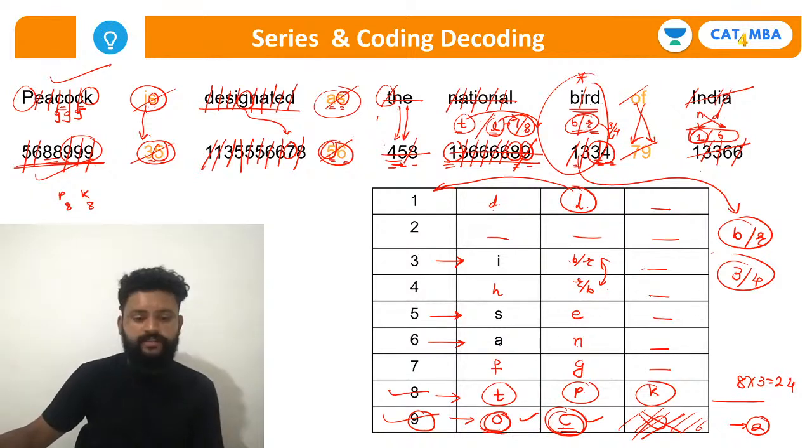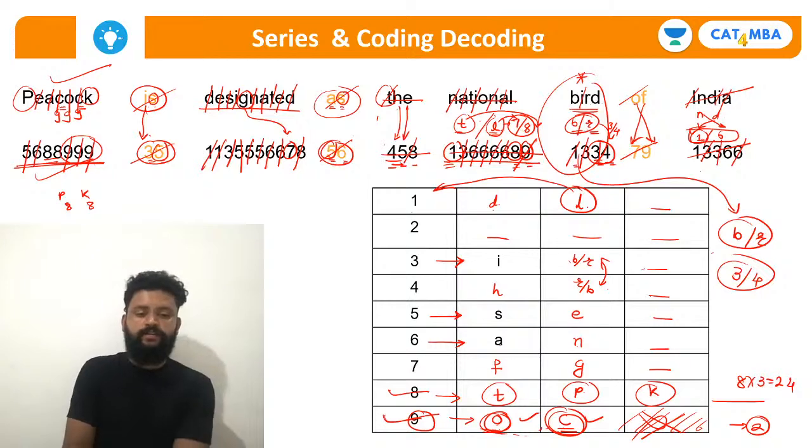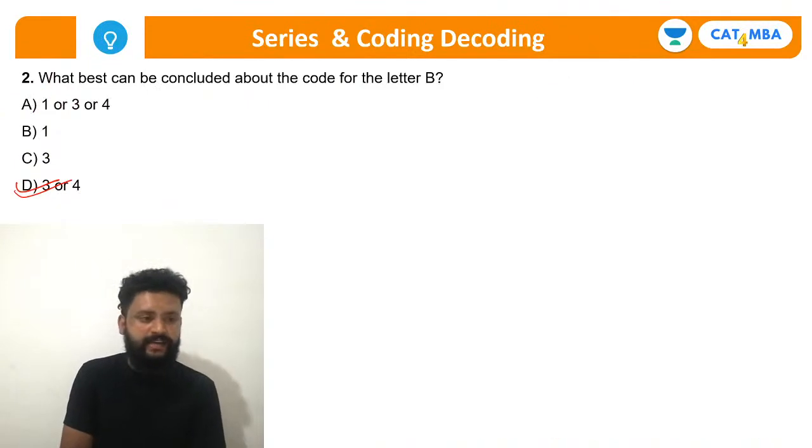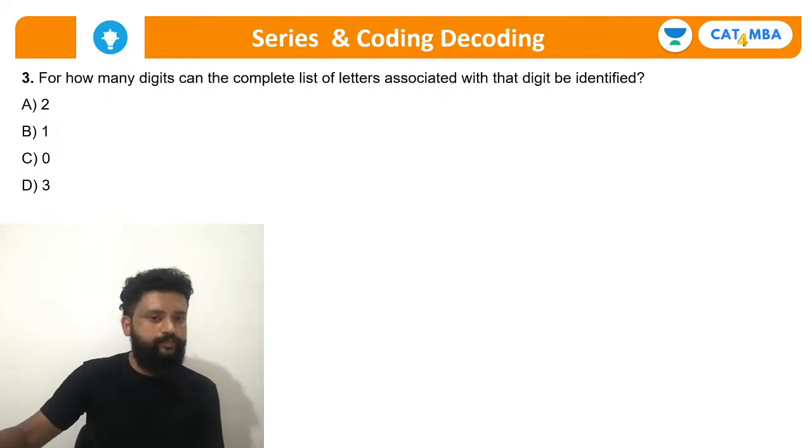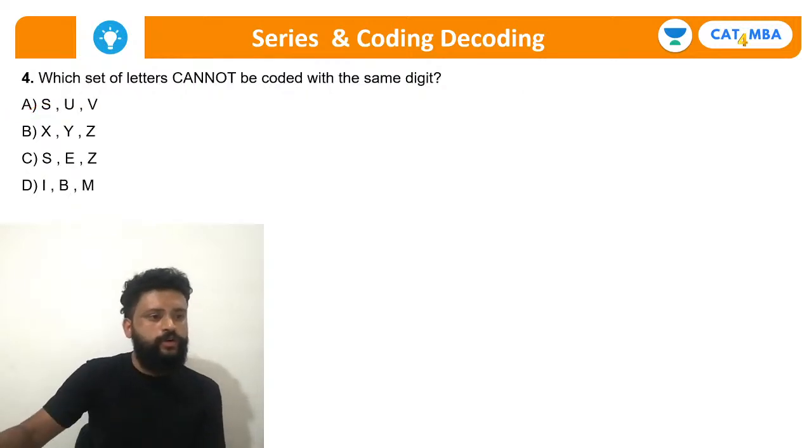Okay, that is already given in the question. 1 to 8, each of the digits will represent 3 letters, and 9 will represent just 2 letters. So we have got O and C. 9 won't represent any other letter. So we have the complete list for just 2 digits, that is 9 and 8. The answer is 2.